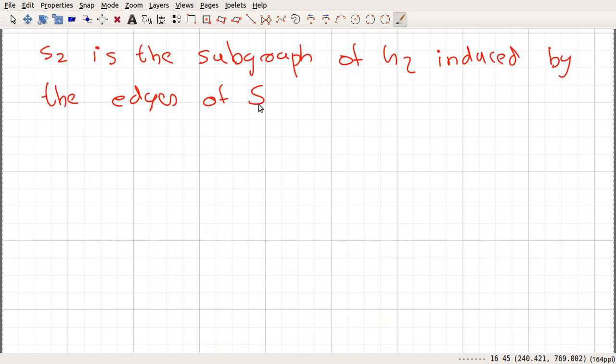So S2 is the subgraph of G2 induced by the edges of S that are in G2.